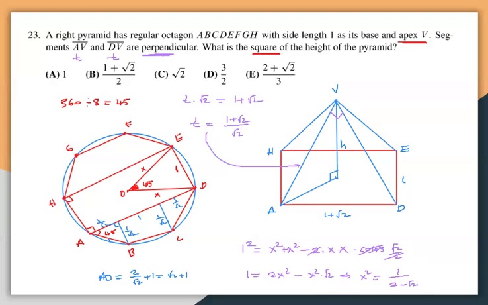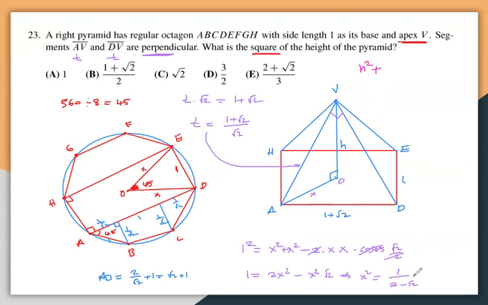For now I'm going to leave it as it is and simplify at the end. So we know x squared, since this segment is x, that's my center. Now if I use the Pythagorean theorem, that should give us the final answer. So let's go ahead and do that. h squared plus AO squared, which is x squared, which is this quantity.